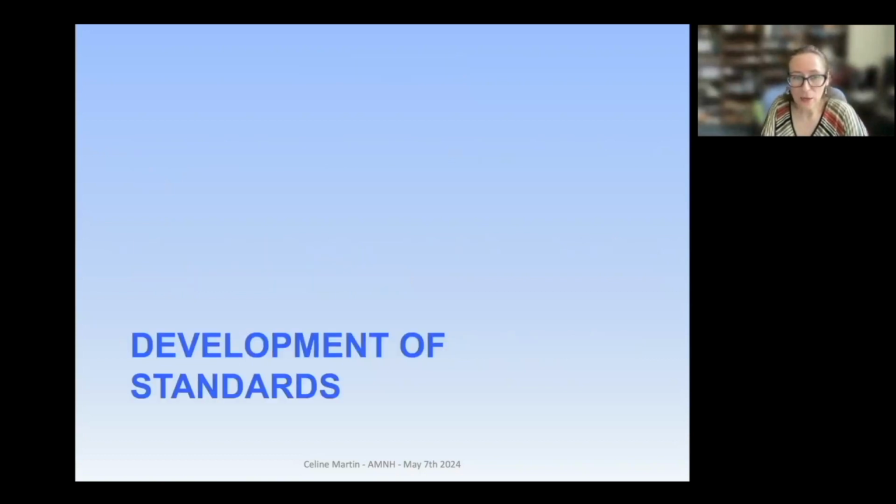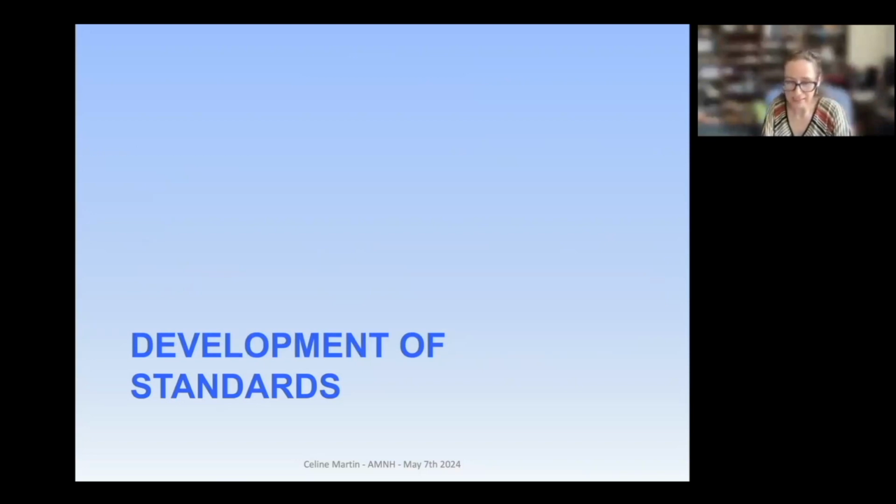Another aspect I would like to talk about here is the development of standards, because people who are doing SIMS or any kind of in situ analysis know that usually we need a matrix matching standard.